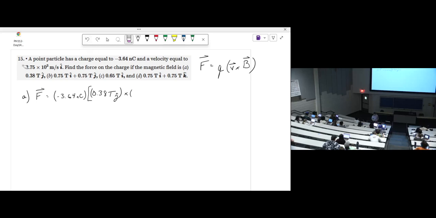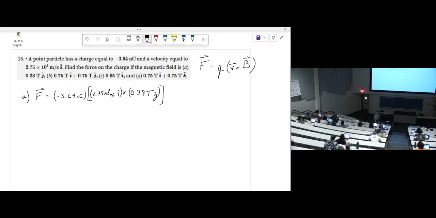This is problem 26.15, from chapter 26, section 1. Let's delete this, and instead of doing what I was doing, we'll just move this over because we'll need it anyway. And then the velocity is 2.75 times 10 to the 3 meters per second, and this is going to be an I hat.